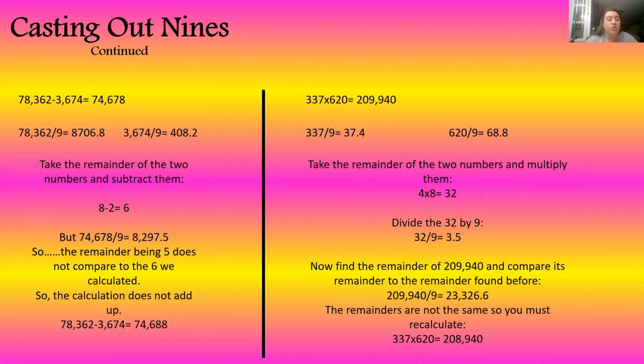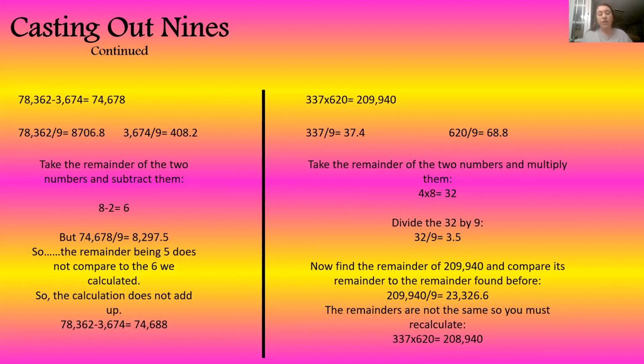And then if you do your 3,674 divided by 9, it gives you 408.2. You take the remainder of the two numbers and subtract them. 8 minus 2 equals 6, but 74,678 divided by 9 gives you 8,297.5. So the remainder being 5 does not compare to the 6 we calculated. So the calculation does not add up.